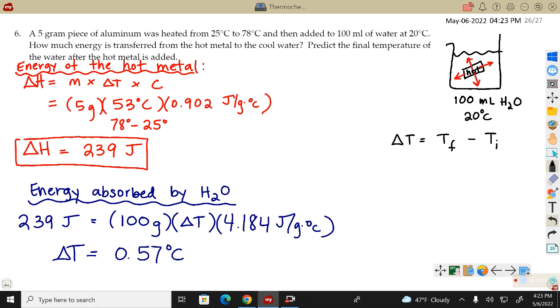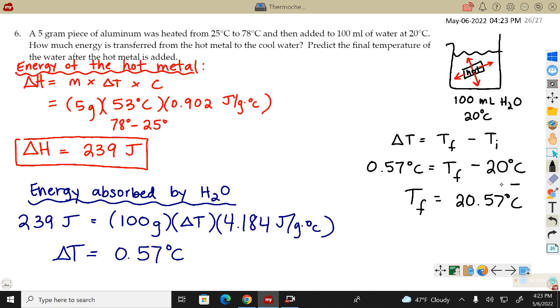So I could plug this in as my change in temperature. I'm looking for the final, and I know the initial was 20 degrees. So algebraically, I could solve for final temperature, and it really should be about 20.57 degrees.